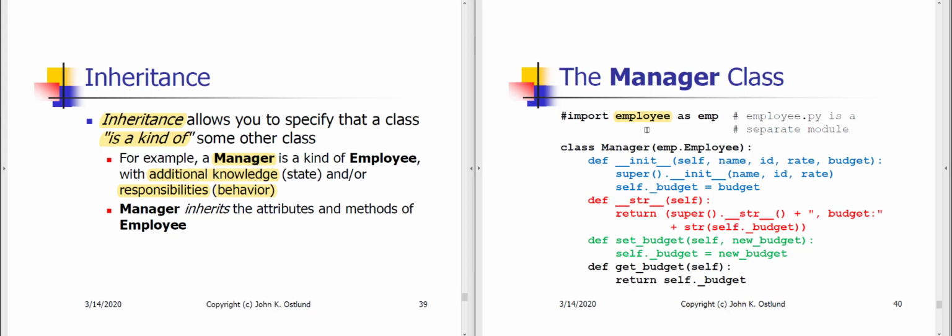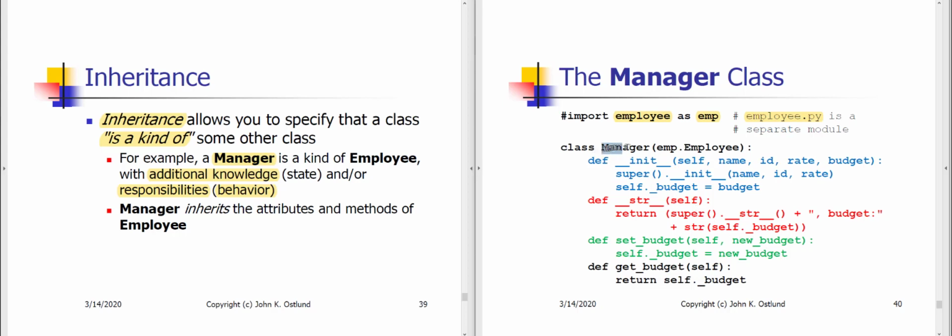Here I'm making that assumption quite explicit, and I'm saying import employee, which is going to go look for this employee.py file. And we're going to import employee with the abbreviation EMP. This file is our manager.py file. And so what I'm doing here is defining the incremental code necessary to implement a manager class.